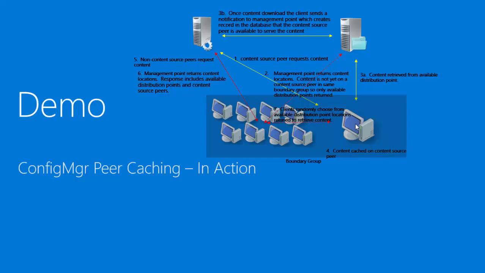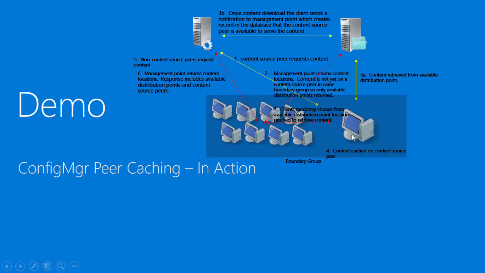So when you deploy content, and this could be any content at all, this is kind of how it works. Whenever this machine gets the policy for that content, you might want to pre-deploy it. We'll talk about an example of that in a minute. It's going to make a request. The content source peer is going to request content from the management point like always. The management point will return the content locations, and this time the content is not on a content source peer in the same boundary group, so only available distribution points are returned.